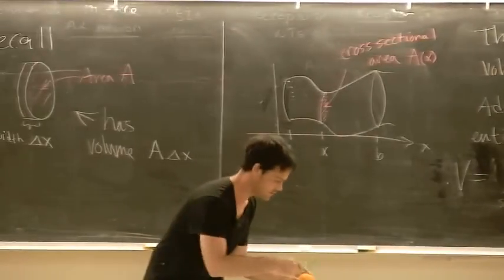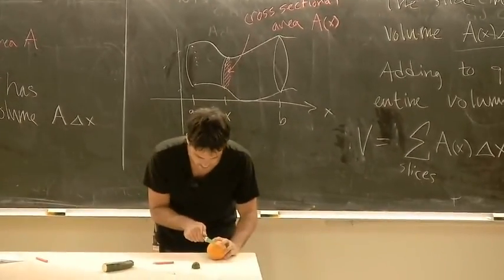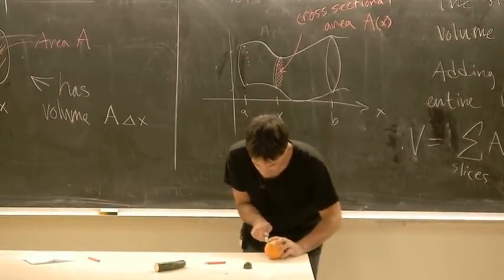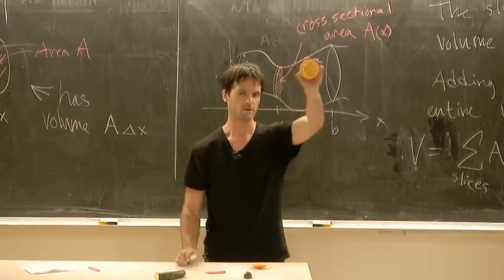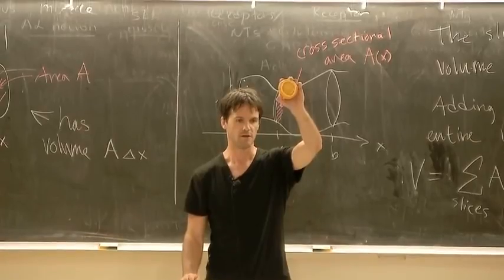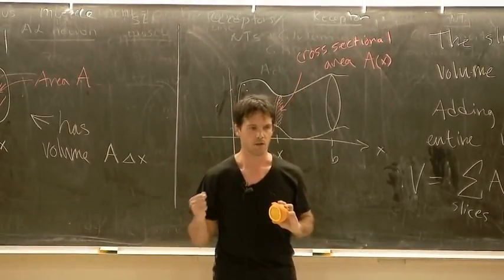Well, let's see. I said I want to slice it like this. Okay, what shape do you see? A circle. So we are going to get circular cross-sections. Great.